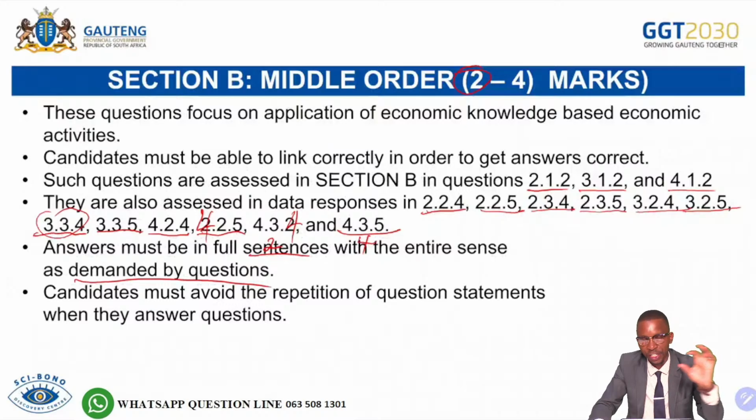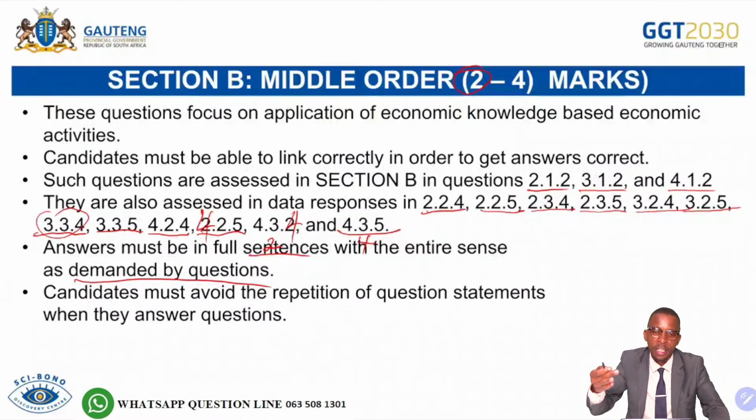Avoid that repetition. Just give the answer. Remember, the question is, how can the increase in VAT affect inflation? So what you say is it will lead to maybe the decrease in inflation, because that will be resulting to the decrease in real income or the decrease in demand for goods and services.